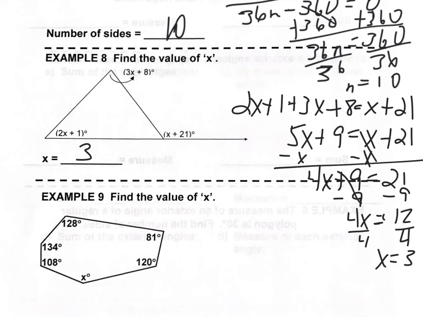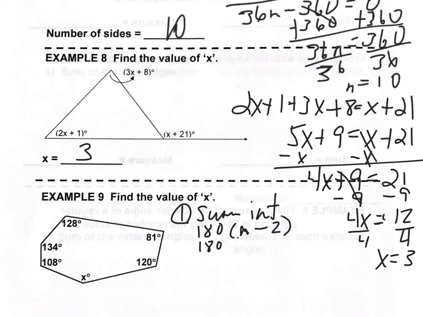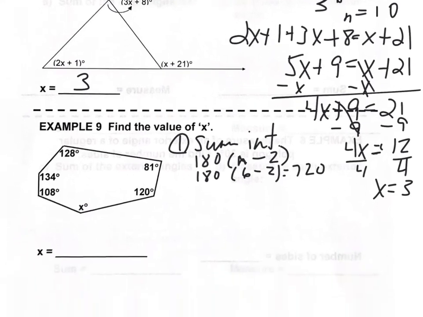Okay, so on this one, the first thing we have to do is find the sum of the interior angles. So we do 180(n minus 2), so 180 times (6 minus 2), which is 720. So we know they have to add up to 720.